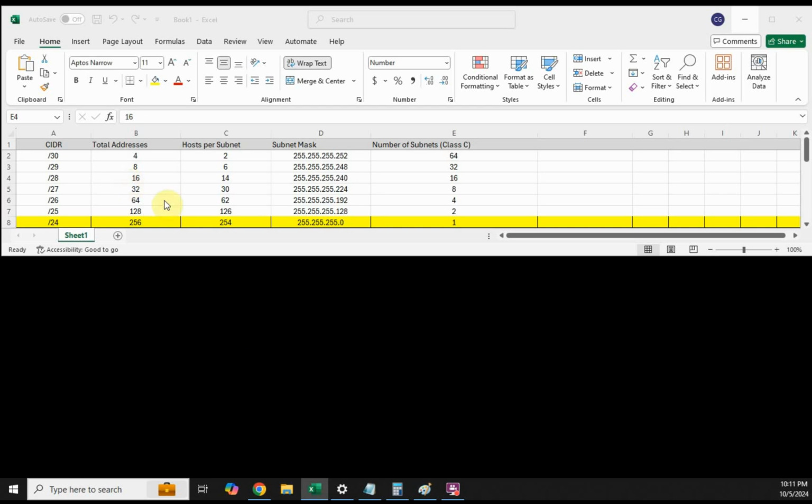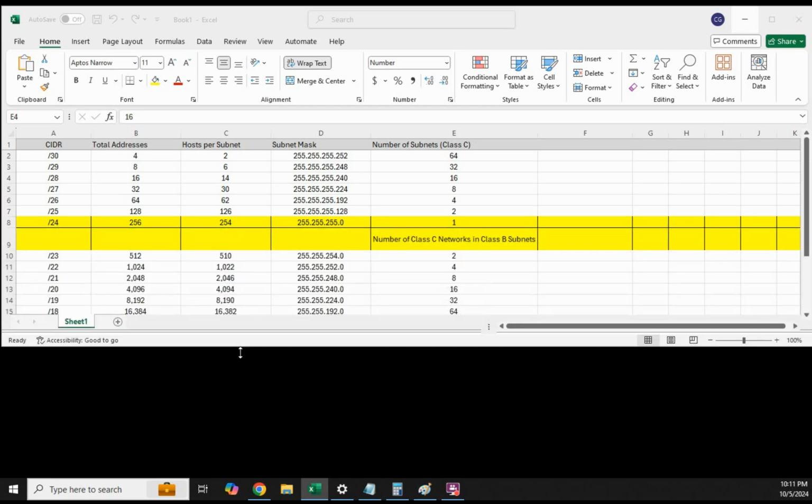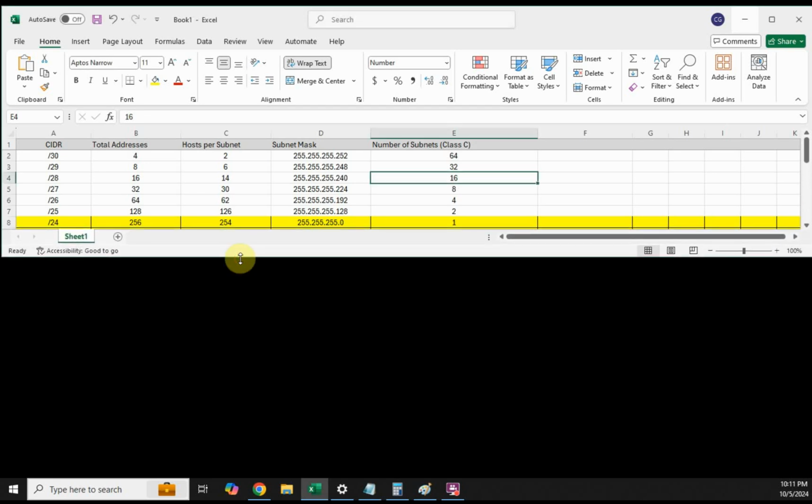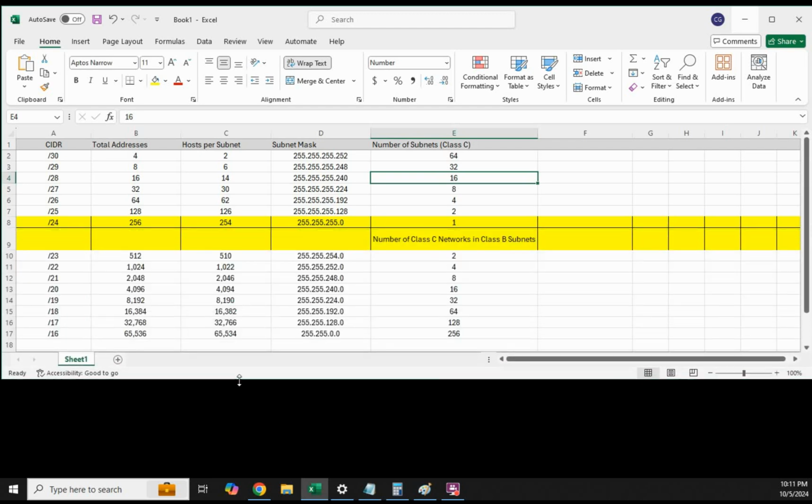As long as you understand this table, and I've got this worked down to a /16, you can carry it further if you want to later on. As long as you understand that table and what it means and how it works, then you can do this. For example, when I took my CCNA, before I even took the test, I took one of those scratch pieces of paper and I drew this table out, all the way down to /16.